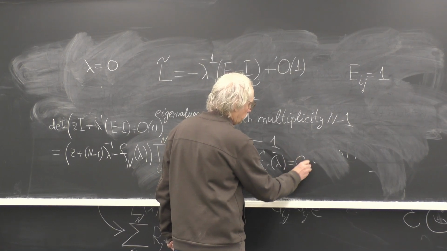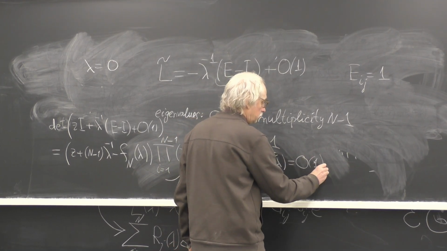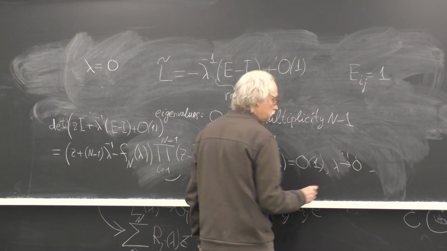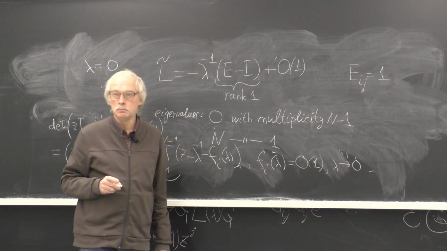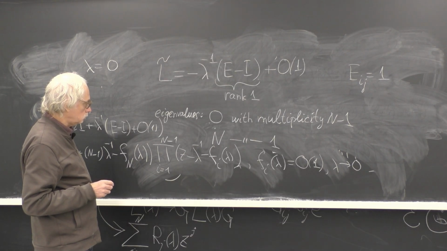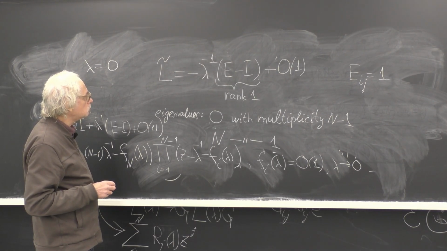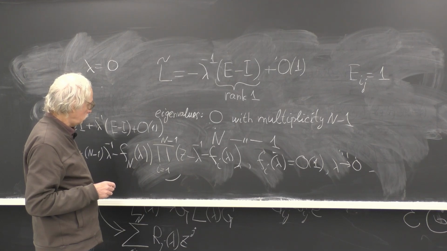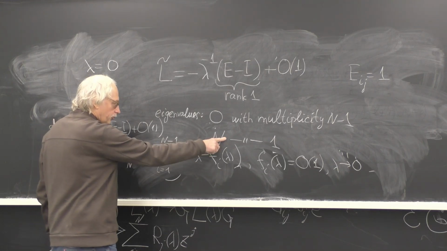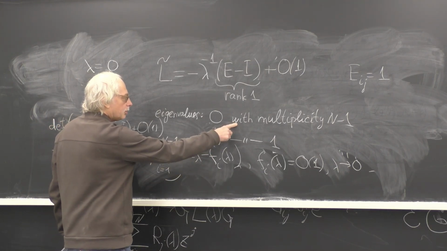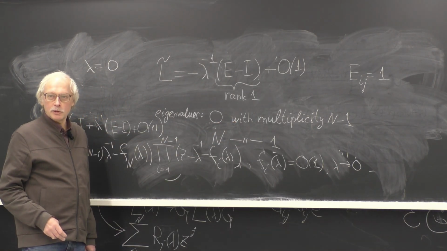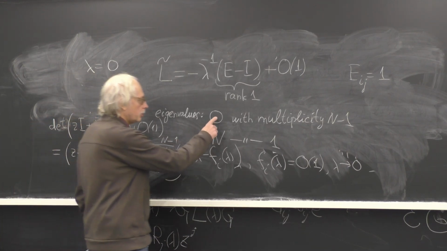I think that this fact about E minus I and minus I is not true because this matrix doesn't have such eigenvalues. This factor corresponds to this eigenvalue, and these factors correspond to n minus 1 eigenvalues equal to 0.